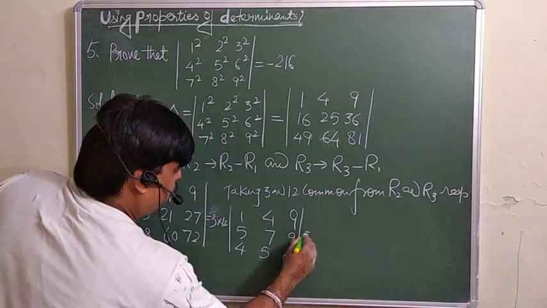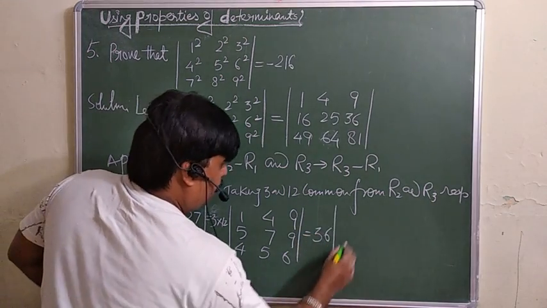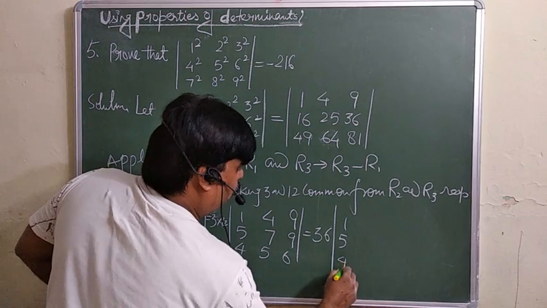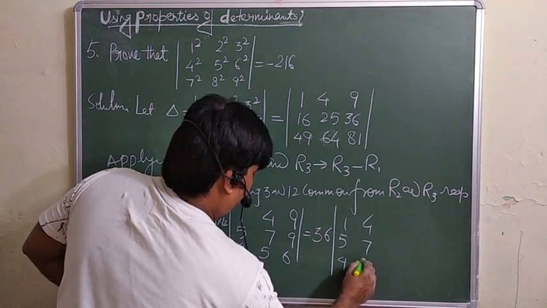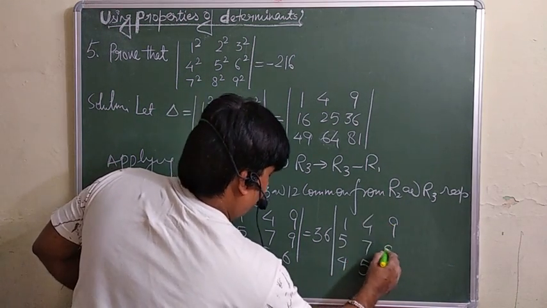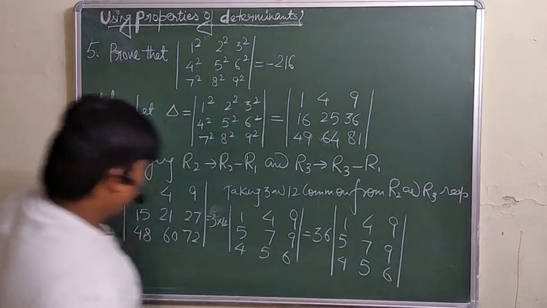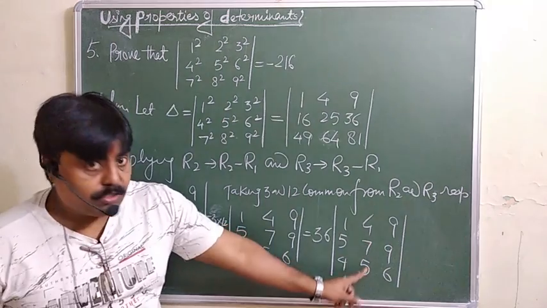So finally we are getting 36 times the determinant with rows 1, 4, 9; 5, 7, 9; 4, 5, 6.